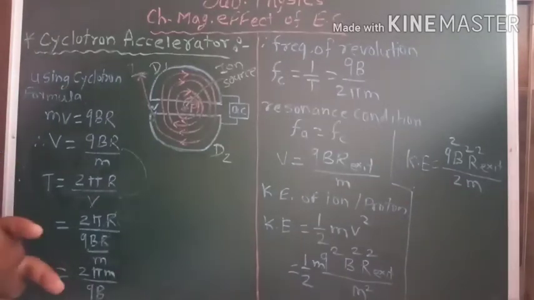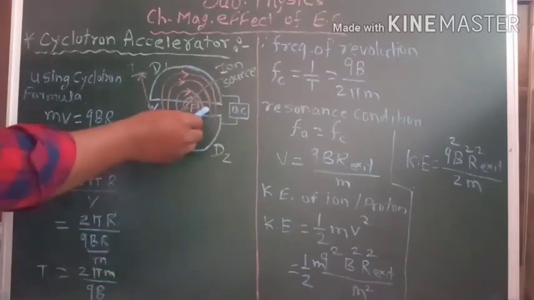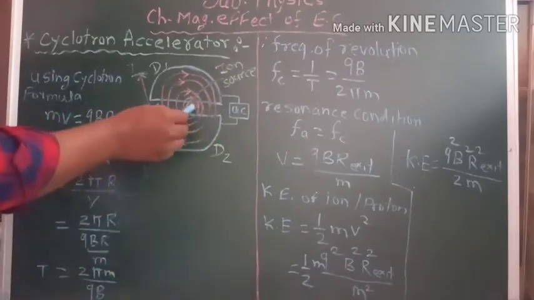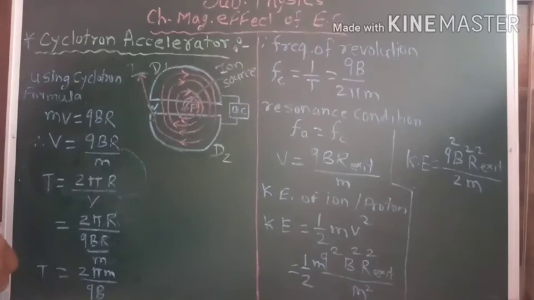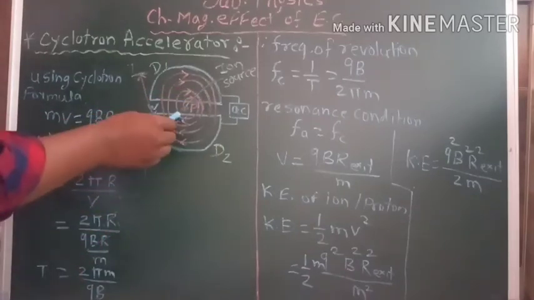The frequency of the applied voltage, that is Fa, is the frequency of the voltage applied to these two Ds. It reverses the polarity of the two Ds as the ion arrives at the gap after completing one semicircle.